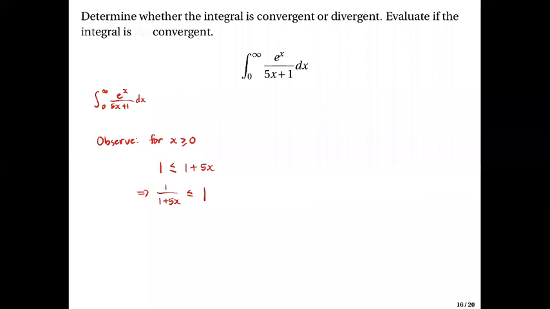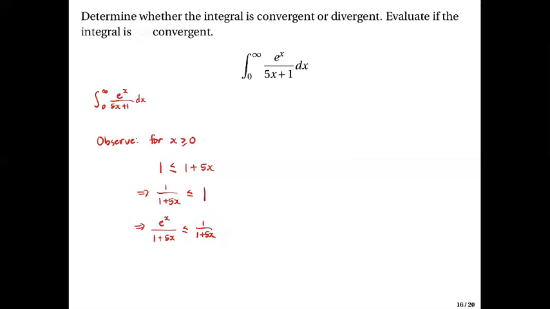I am saying this is a bad comparison because what we will end up with is the following. We have e to the x over 1 plus 5x less than or equal to 1 over 1 plus 5x. If I integrate this expression, I will get some ln.